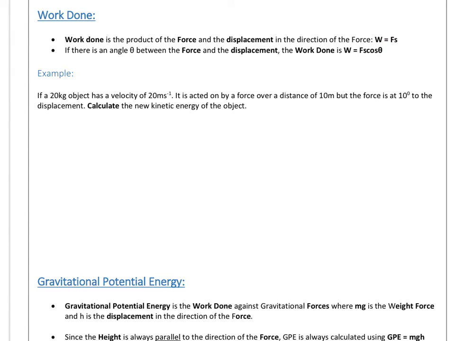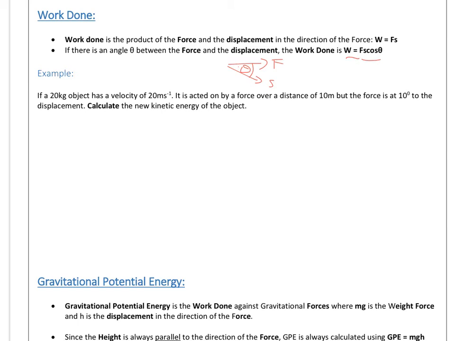If there's an angle between the force and the displacement, for example the difference between the force of the wind and the displacement in sailing, with an angle theta between them, you'd calculate the work done as the force times the displacement in the direction of the force. So you actually find the component of the displacement in the direction of the force.